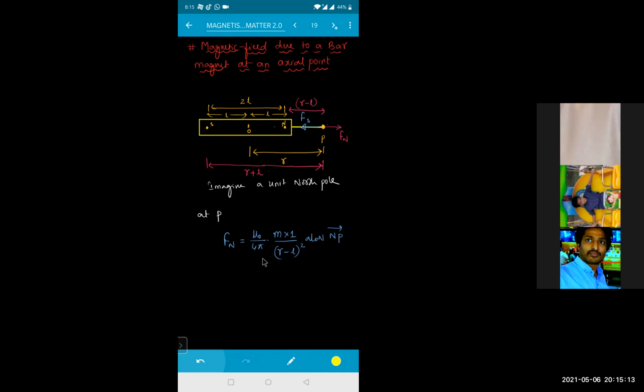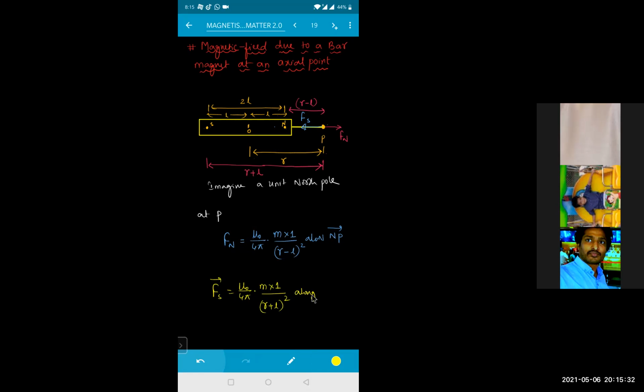In the same way, for the south pole, the force due to the south pole will be equal to mu naught divided by 4 pi into M into the unit north pole 1, divided by the distance, which is (R plus L) whole square.